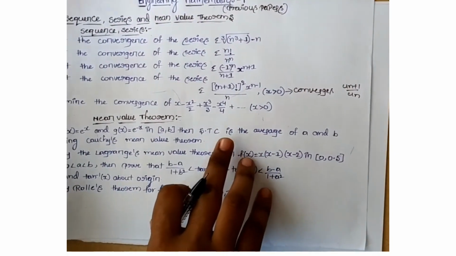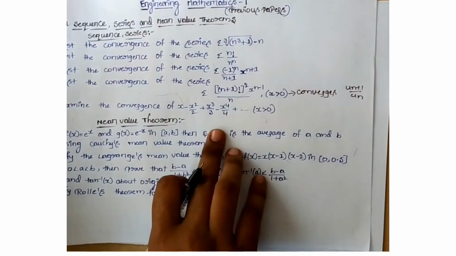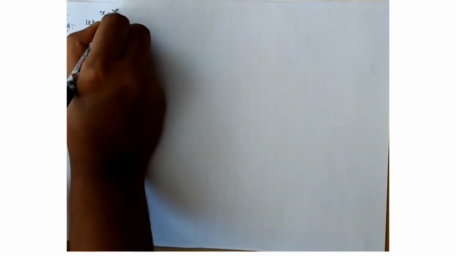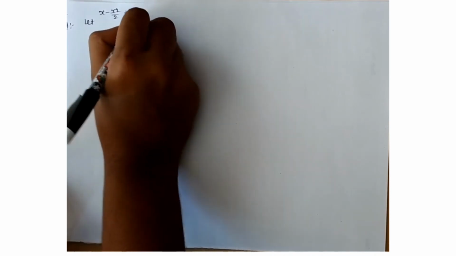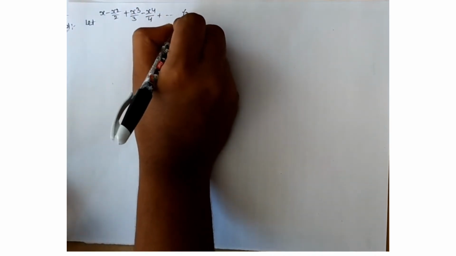This is also of the form of x. Here we take the series first. A different solution we take. Let the given equation be x minus x square by 2 plus x cube by 3 minus x power 4 by 4 plus and so on.